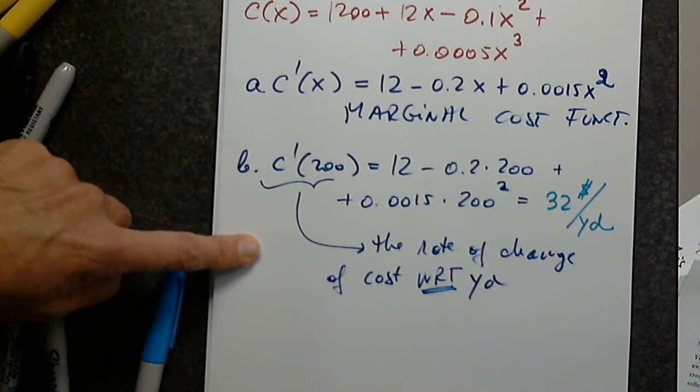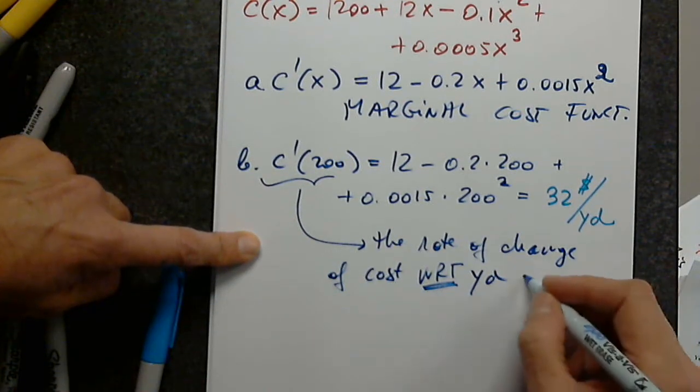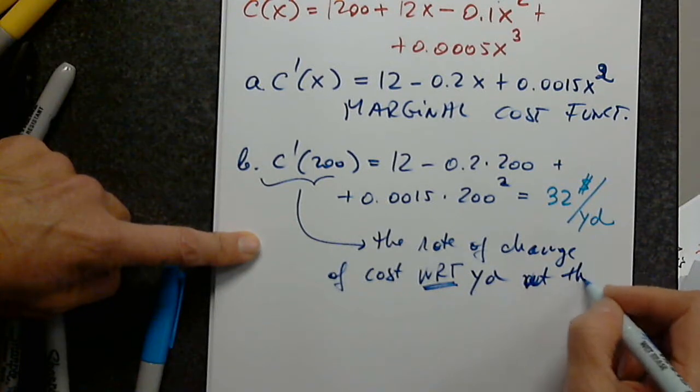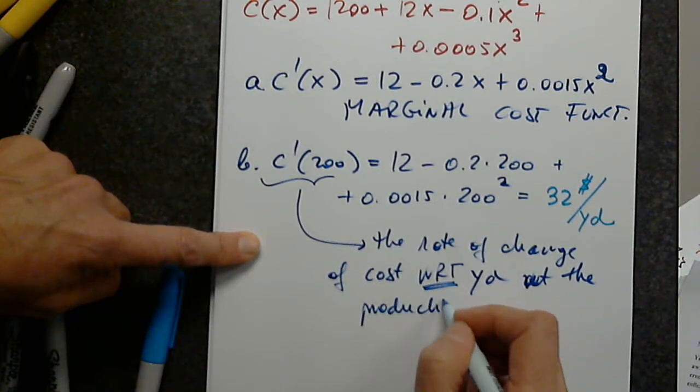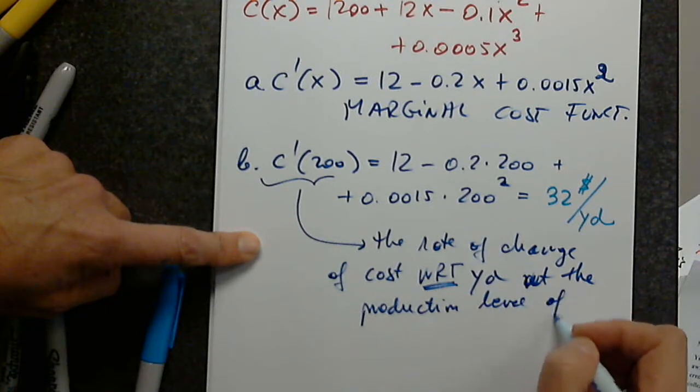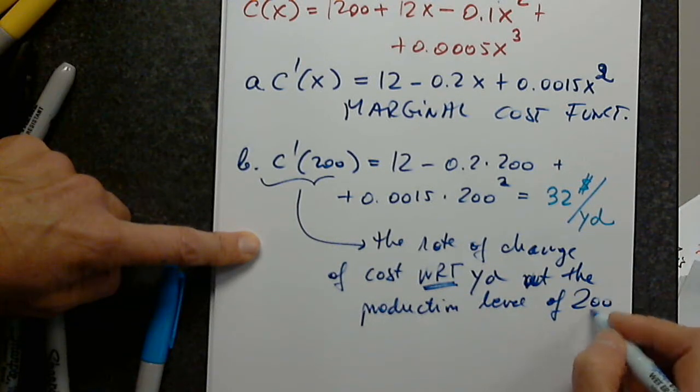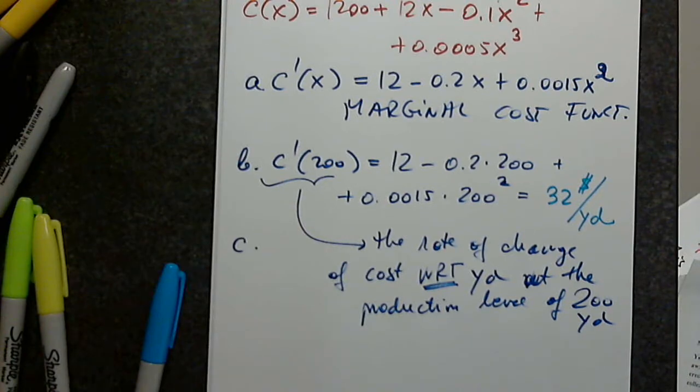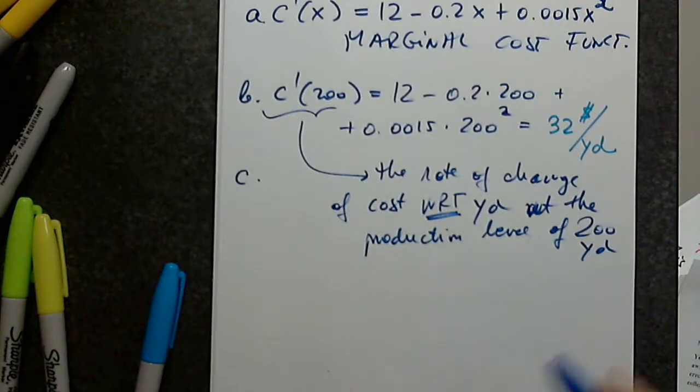That's the variable x, number of yards, at the production level of... so that's how fast the cost changes when we produce 200 yards. It should be squared yards, producing x. So in the formula, x is in yards. Don't ask me how they came up with it.